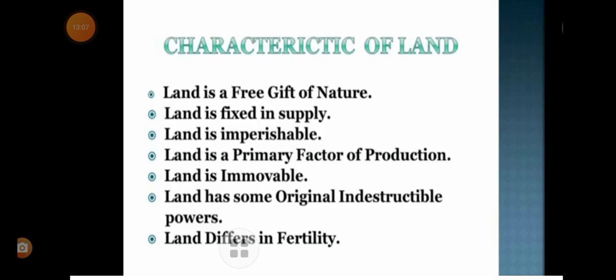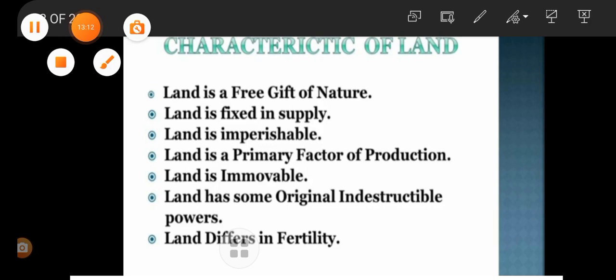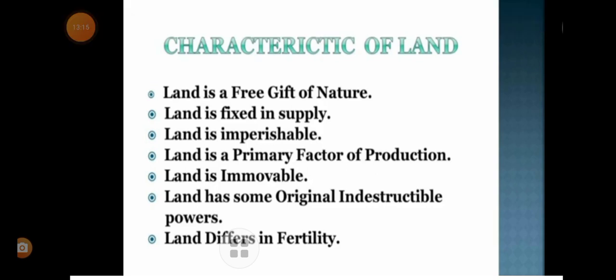Now, characteristics of land. What is meant by characteristics? It means the nature of land. So what is the nature of land? Land is a free gift of nature. The first characteristic is that it is given by nature free.